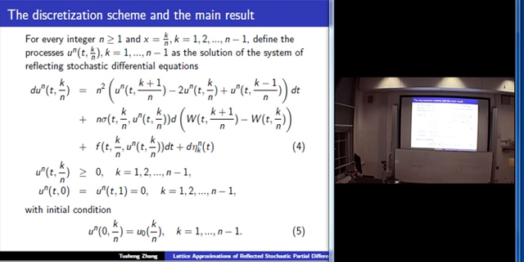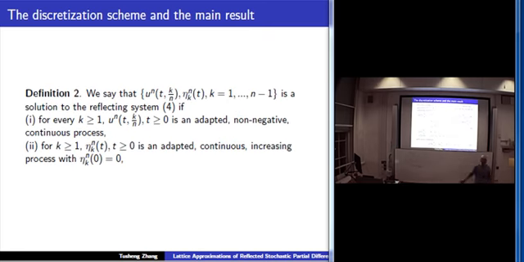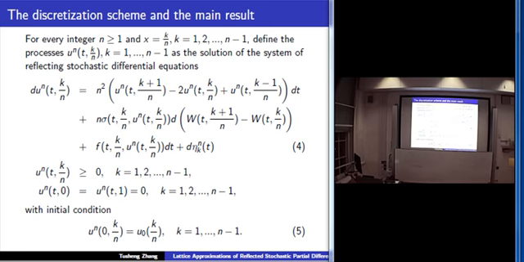Here, this is a discretization of the Laplacian operator. So this part comes from the discretization of the Laplacian operator, and this part comes from the Brownian sheet.